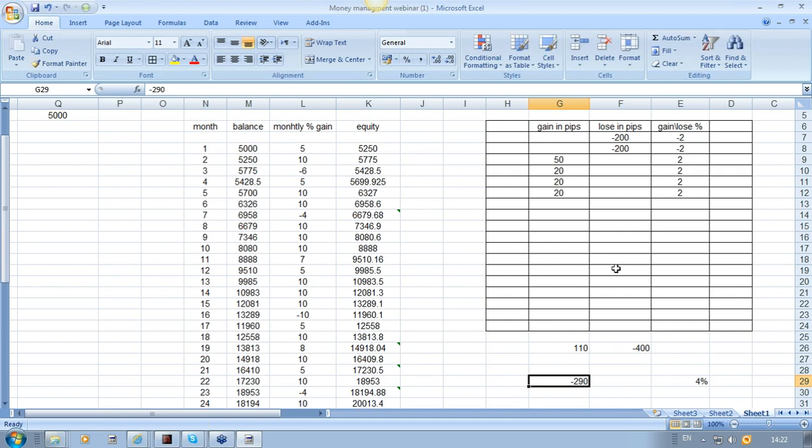Because many traders I know have problems with this issue. How can I profit money when I lose in pips? Or how many pips you make per month, per week, per year, per everything? Forget about the pips if you work with this kind of money management.